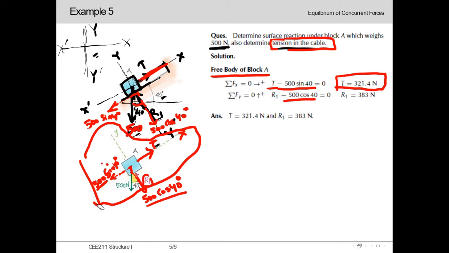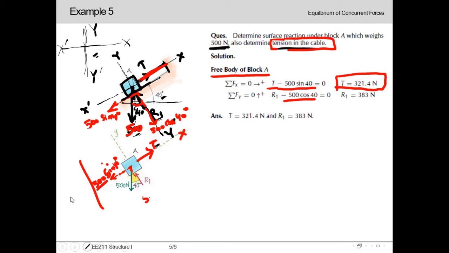And then we have here this R1, which is acting upward. This is actually the surface reaction, so R1 as positive will be equal to 0. From here we'll get the value of R1. So these were the things that we were asked to determine in this question.